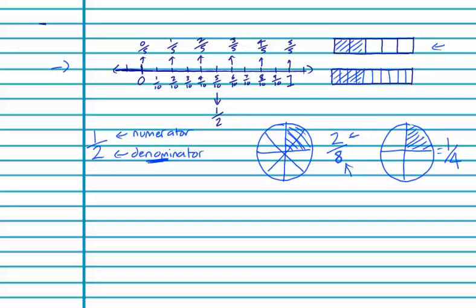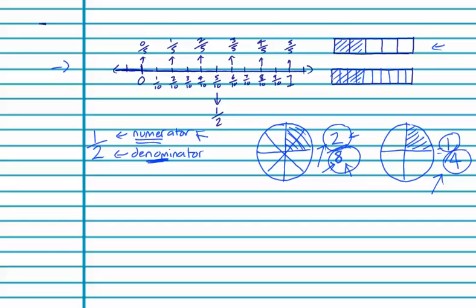It tells me how many pieces I cut the whole up into, and the numerator tells me how many of those pieces I have. So 2/8 says I cut my pizza into 8 pieces and I ate 2 of them. 1/4 says I cut my pizza into 4 pieces and I ate 1 of them.